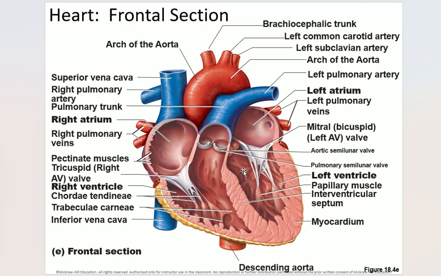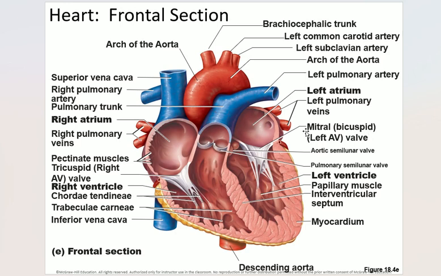All right, next, moving on to valves. So valves keep our blood going in one direction, and we call these one-way valves. It's hard to tell here because they're cut in half, but let's at least discuss what they do.